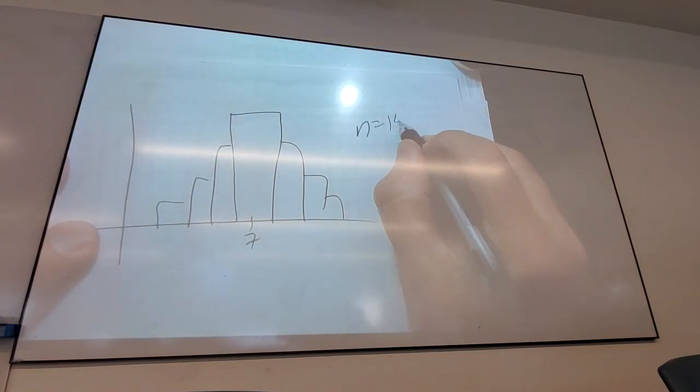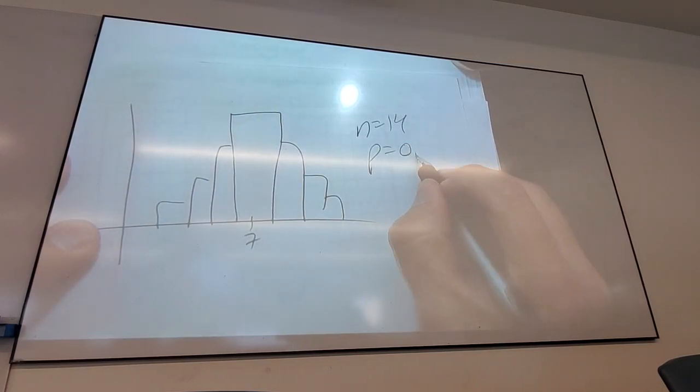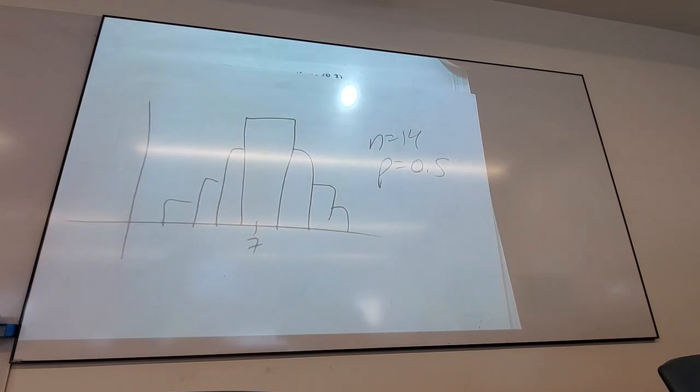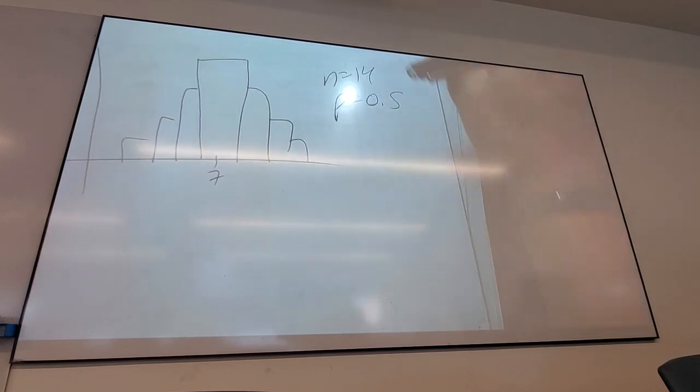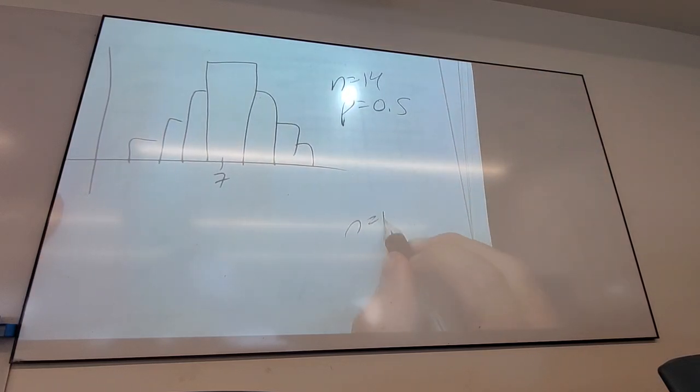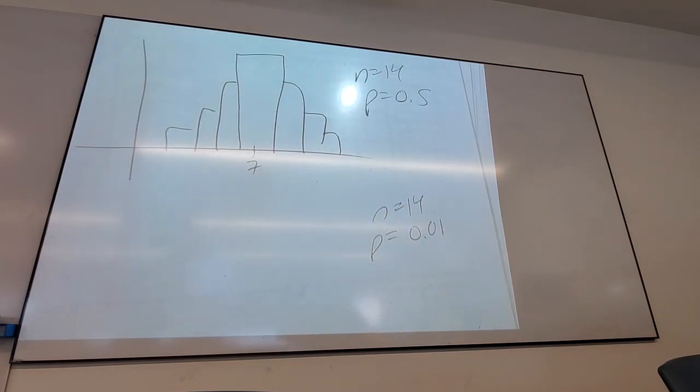This was when I flipped a coin 14 times, and the probability of getting a head was a half, yes? What if I had a weighted coin where I weighted it so that the probability of getting a head was 0.01?